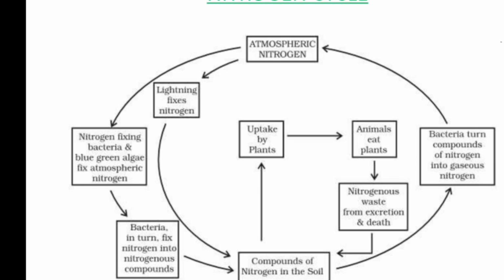So with the help of nitrifying bacteria, compounds of nitrogen are formed and nitrogen is fixed. With the help of denitrifying bacteria, compounds of nitrogen are broken down, and atmospheric nitrogen and oxygen are released back into the atmosphere.